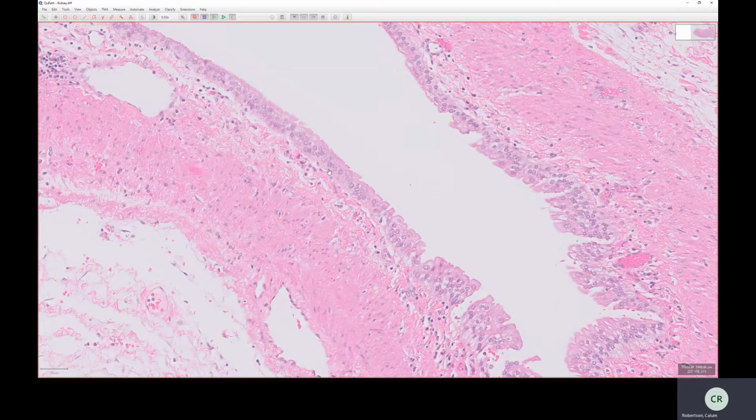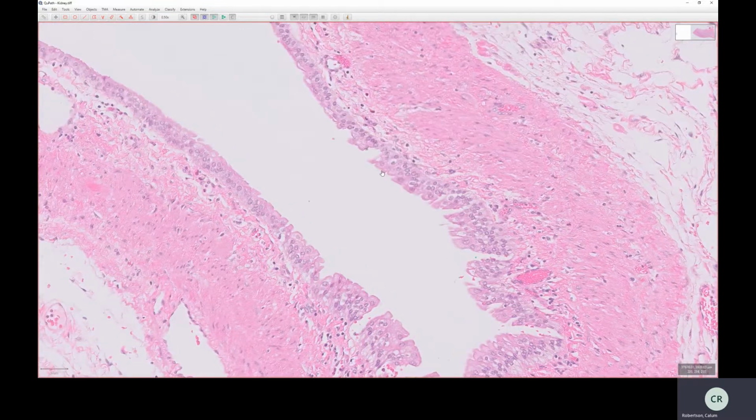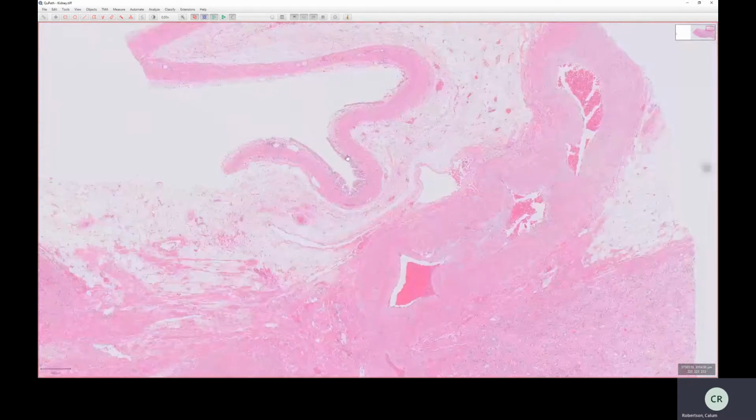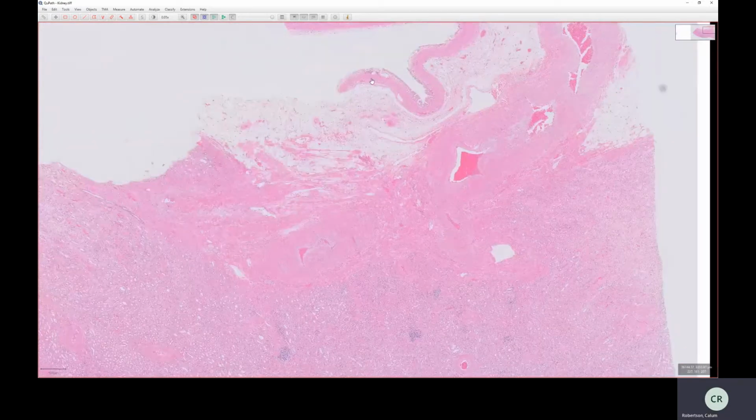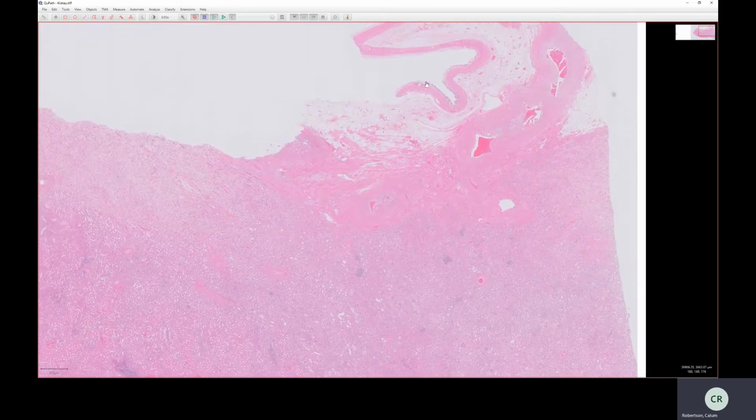It's stratified, so it's got a few layers on top of one another, lined by the broader cells with fluffy, more indistinct pink cytoplasm, which are the umbrella cells. That's the same as the urothelium we saw in the bladder, and this urothelium is continuous along the whole urinary tract.